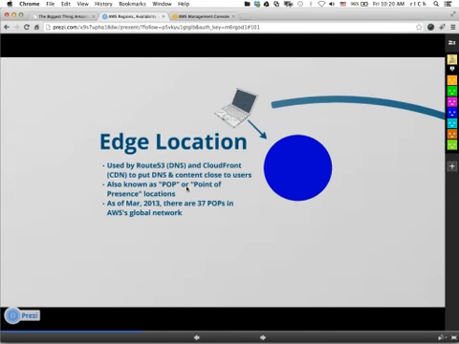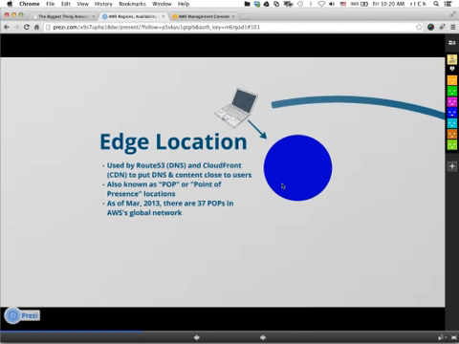So the content distribution network and the Route 53 DNS product in Amazon basically push content closer to the users so that they have a peppier experience with your website.